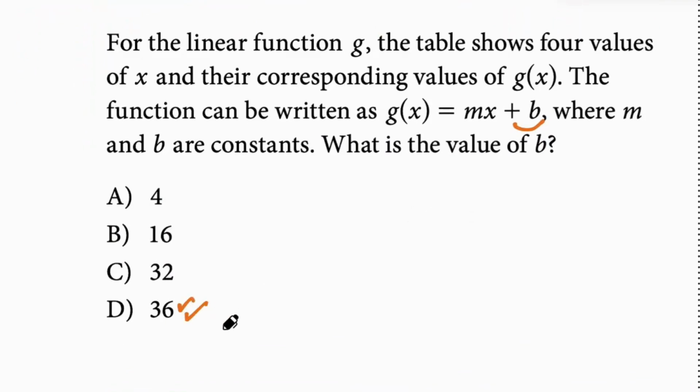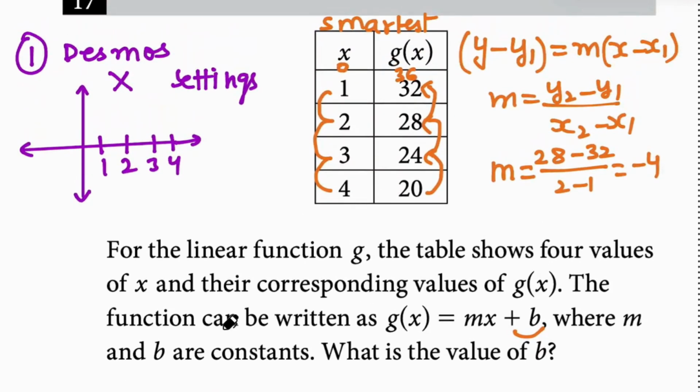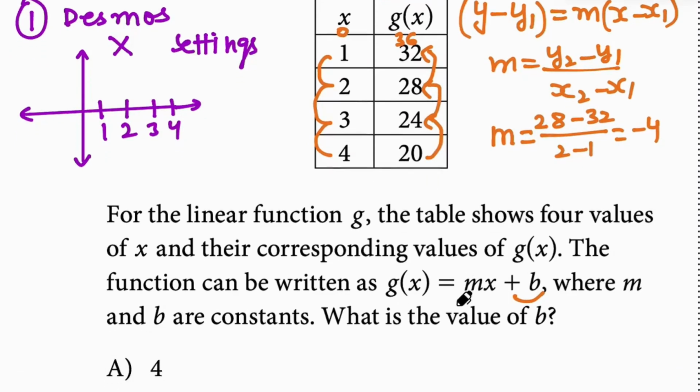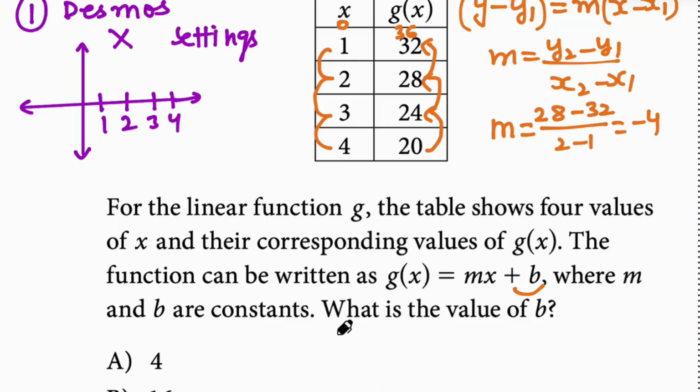We have solved this, but let's continue with this method too. So the slope is negative 4. y minus y1 is equal to negative 4 times (x minus 1), where y1 is 32. Let me tell you one more very important point.